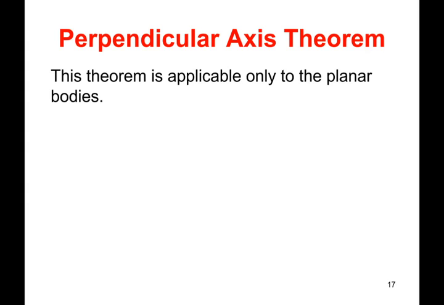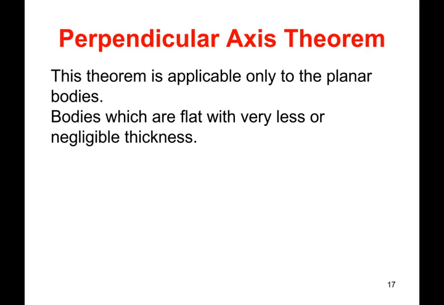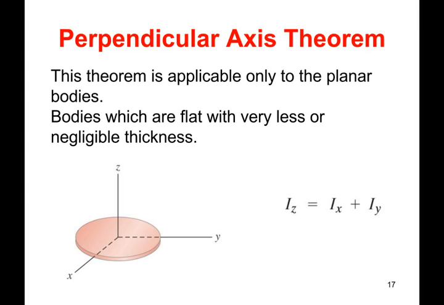This theorem is only applicable to planar bodies. What are planar bodies? Planar bodies are the bodies which are flat with very small or negligible thickness. So essentially two-dimensional bodies, right? So for this type of body, let's say you are talking about a disk which has a very large radius and a very small thickness, so you can essentially assume that thickness is negligible.